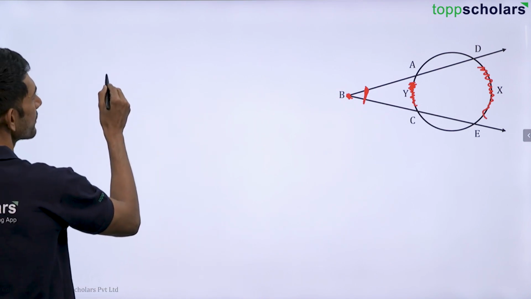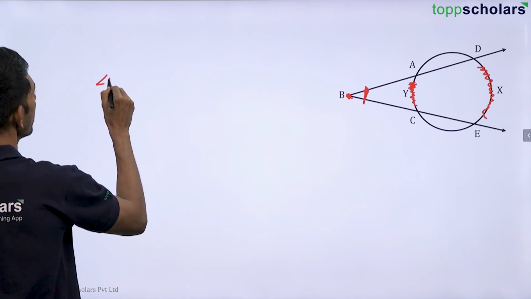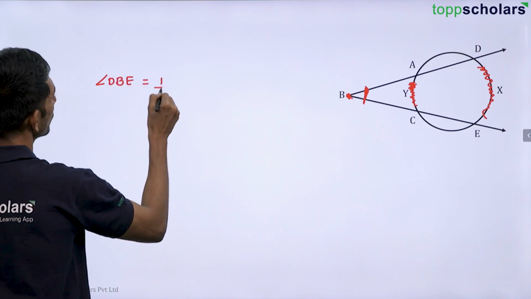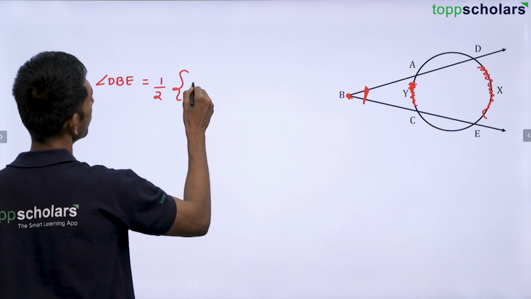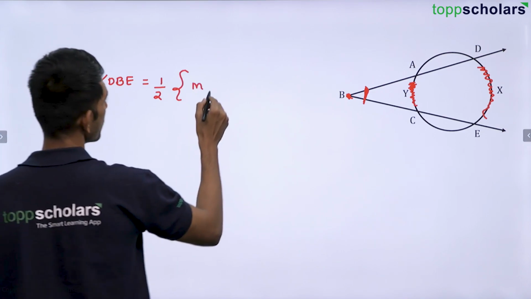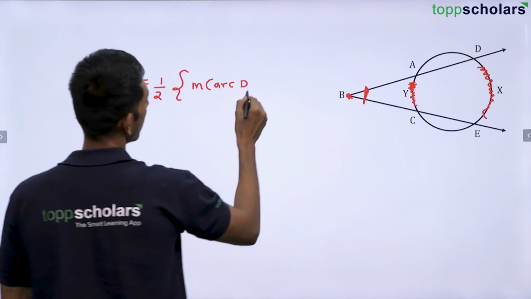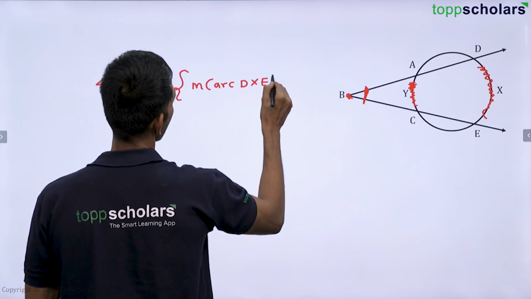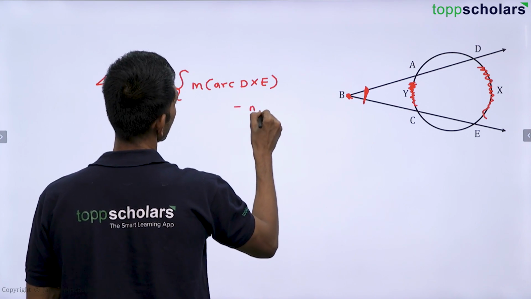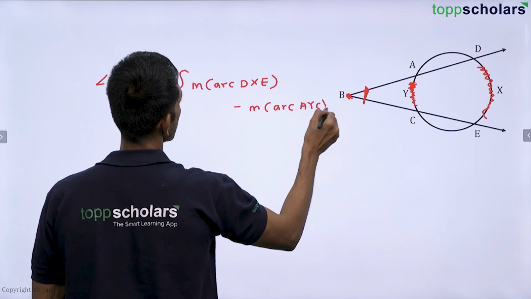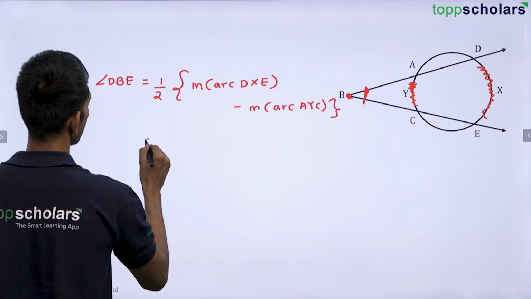That means angle DBE is directly equal to half of measure arc DXE minus measure arc AYC.